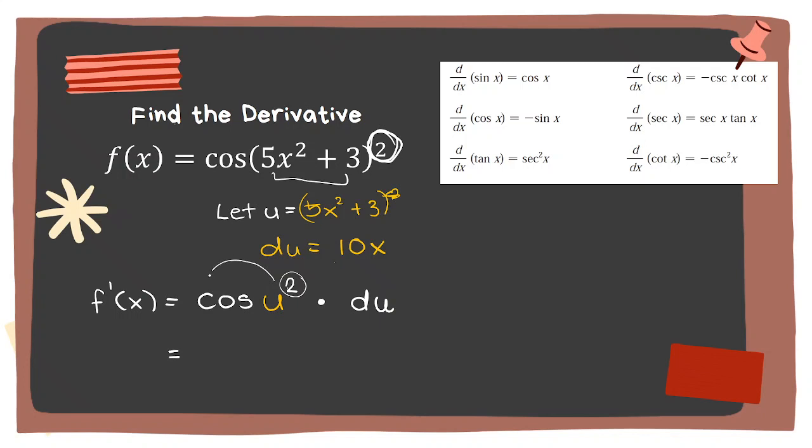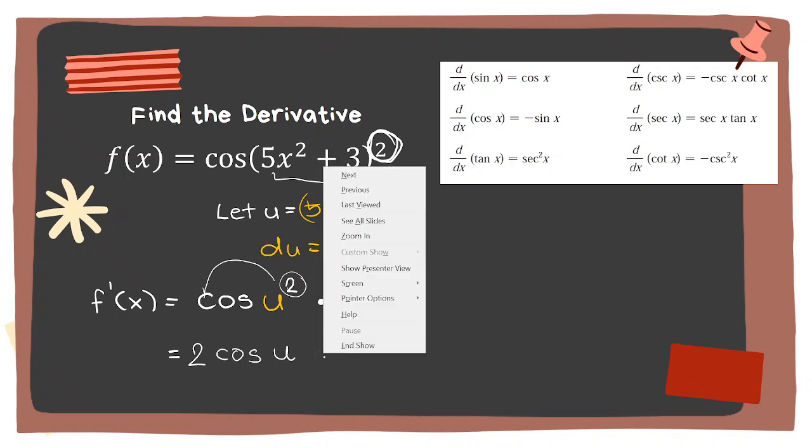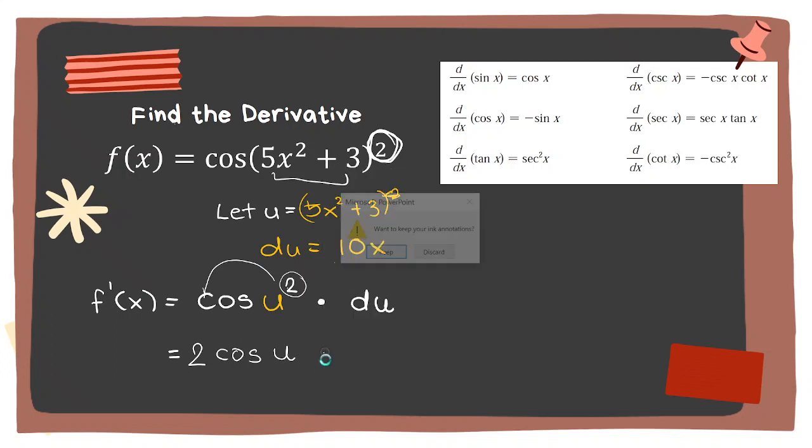So, ibababa ko si 2. So, magiging 2 cosine u. Tama. Times.